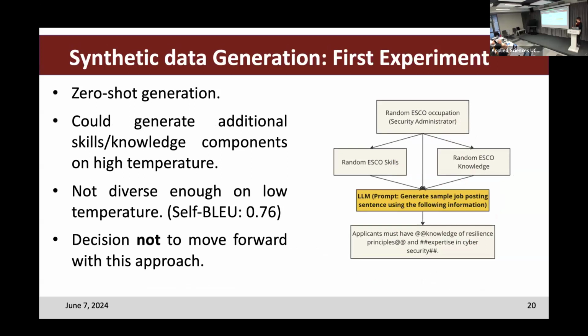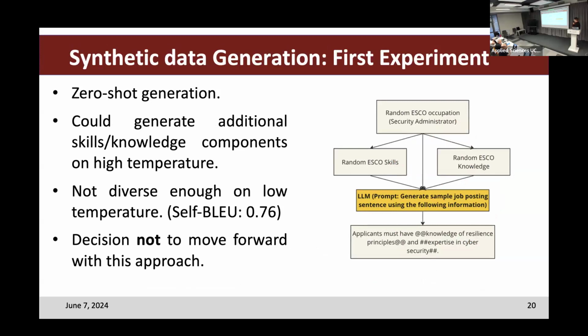So what did we try at first? Why don't we generate sentences without any knowledge of the training data? Why don't we just select random skills and knowledge and ask the model to generate context around it? The problem was the following.